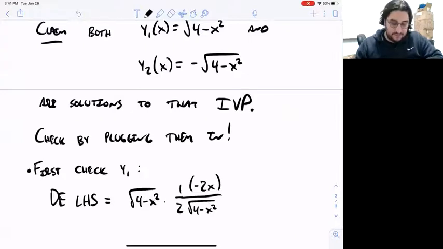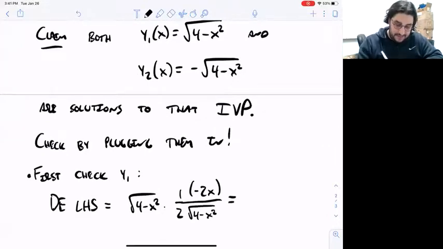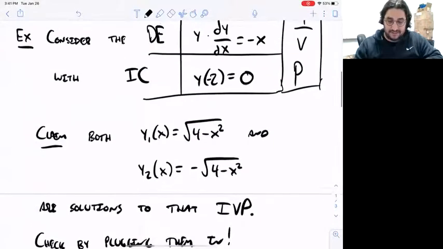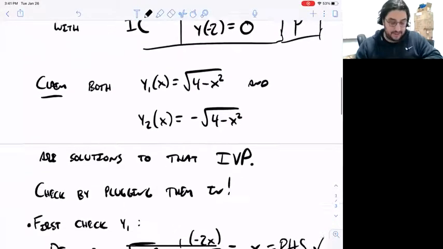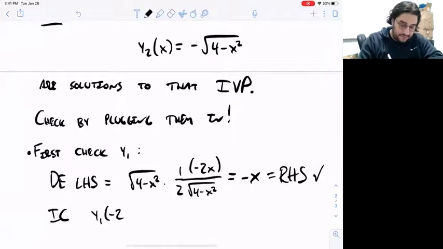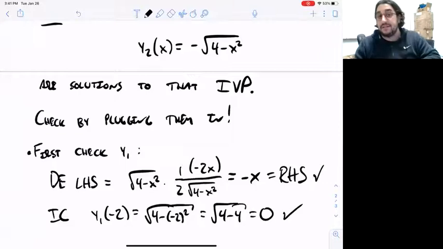Then we simplify. The 2's cancel, the roots cancel, and we're left with just negative x. That's the right-hand side of the differential equation. So that checks out. And for the initial condition, y1 of minus 2 is the square root of 4 minus 2 squared, which is root 4 minus 4, which is 0. So yes, it satisfies the initial condition also.